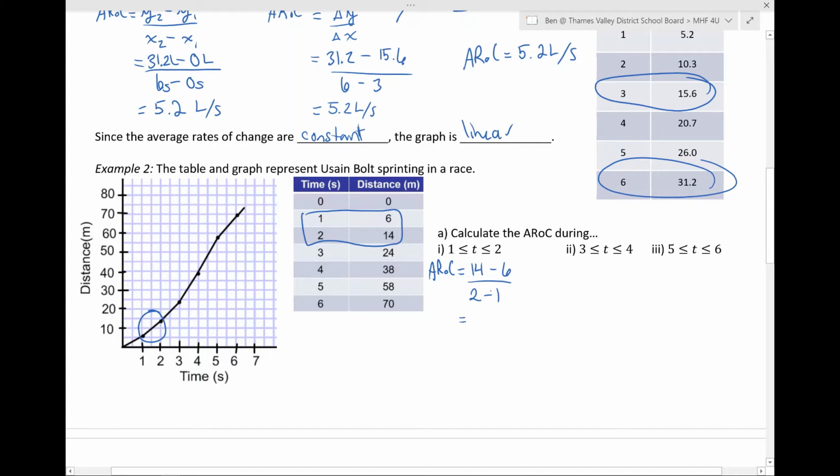And that is 14 minus 6, that's 8, divided by 2 minus 1, that's 1. So 8 meters per second. You'll notice meters per second. You might recognize that, in particular if you've taken a physics class before. That's a speed, right? Our rate of change here is how quickly our distance is changing over time. In other words, our speed, or Usain Bolt's speed, that is.